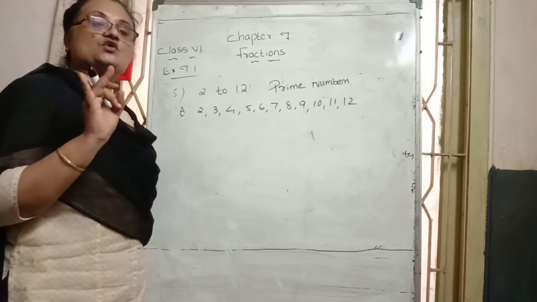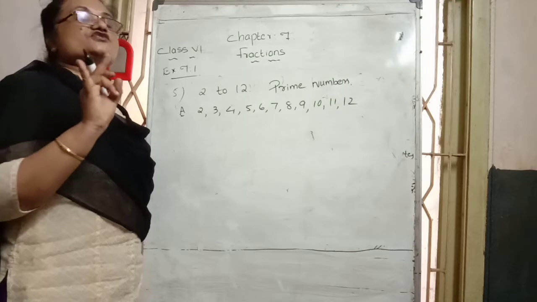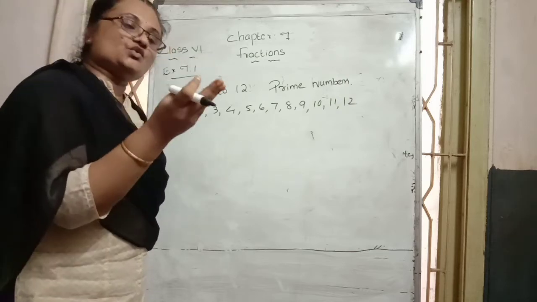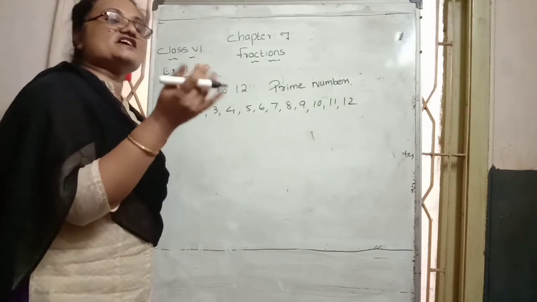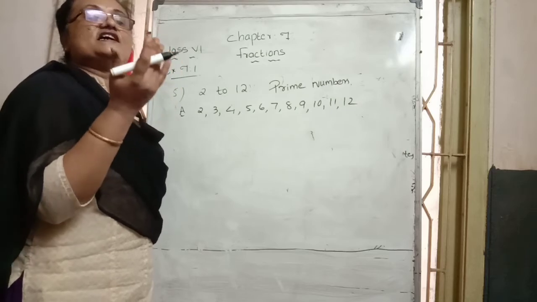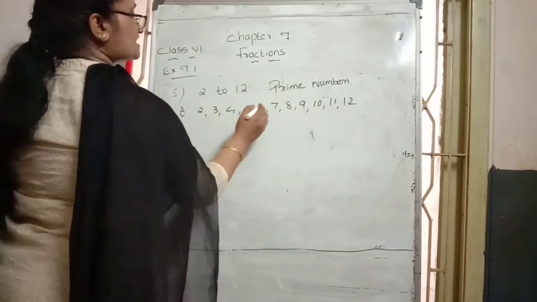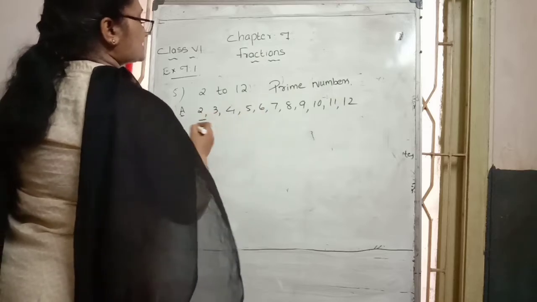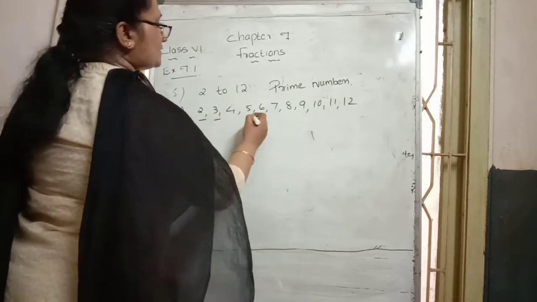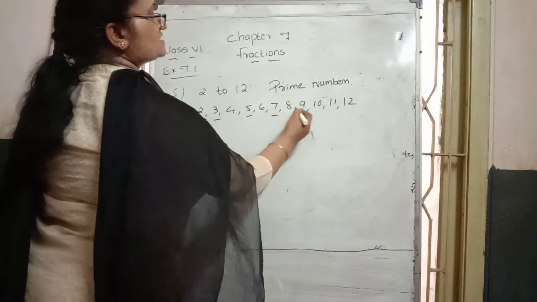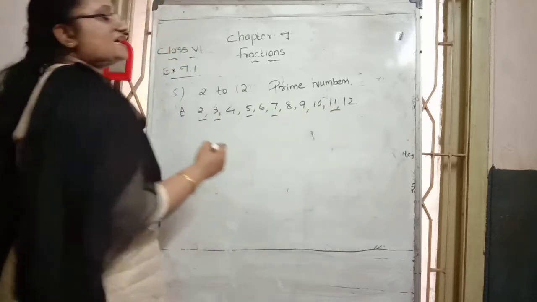So what are the prime numbers? 2, 3, 5, 7, 11. 2 is a prime number, 3 is a prime number, 5 is a prime number, 7 is a prime number, 11 is a prime number.